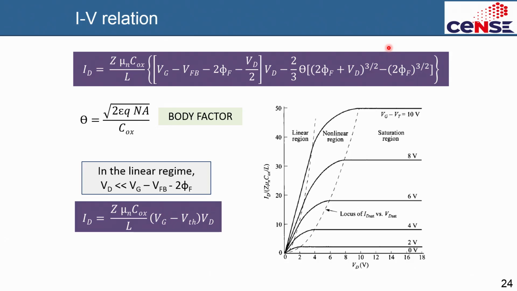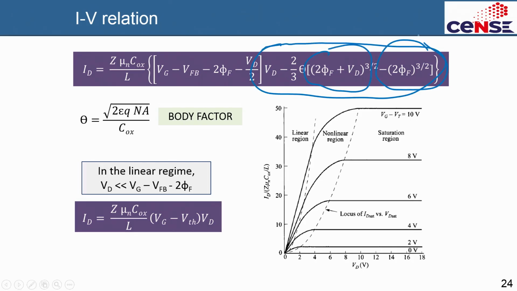In some textbooks, this particular expression that you see here in the linear regime also has a term minus Vd by 2. It depends on the simplification that you are doing. In this particular expression, some of the terms you might expand in some other way, some of the terms you might neglect.